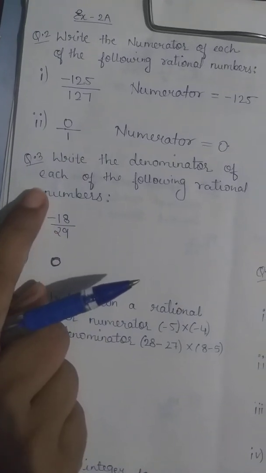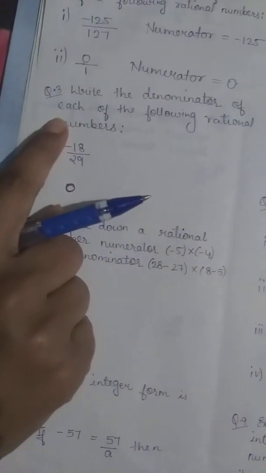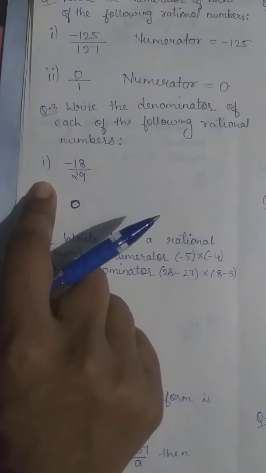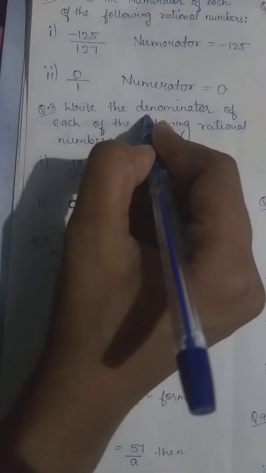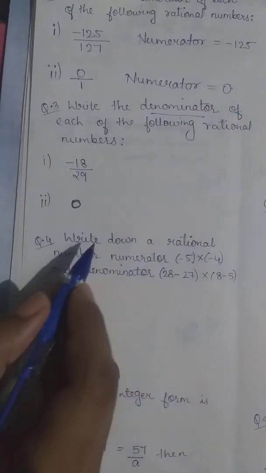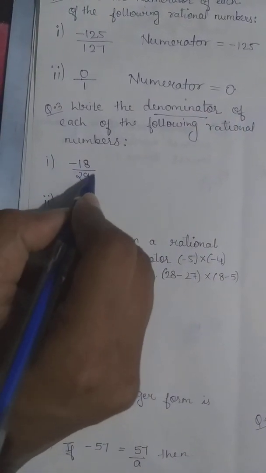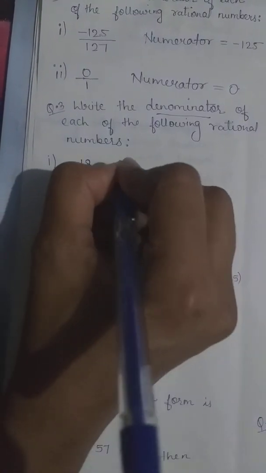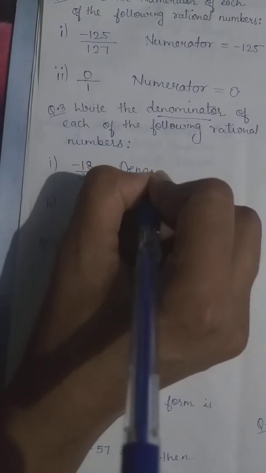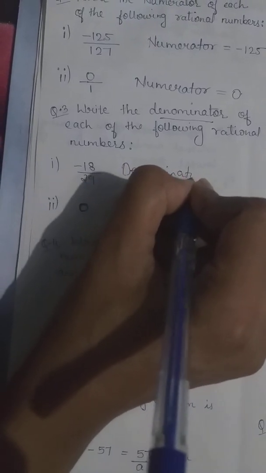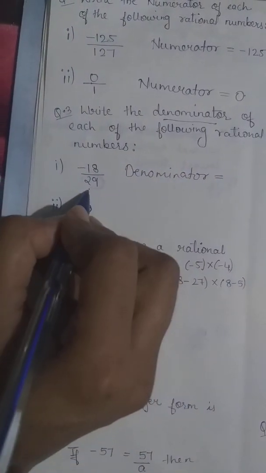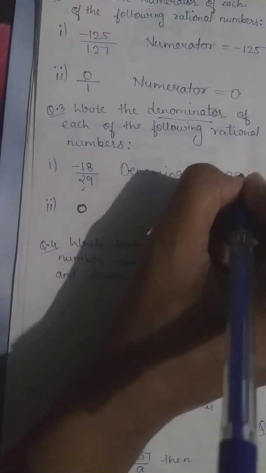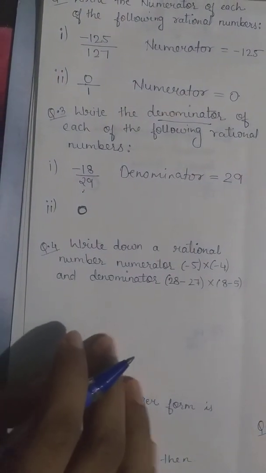Now moving towards the next question. Question number 3. Write the denominator of each of the following rational numbers. Denominator here we have to write. So we have to consider this q, the number which is written down. So I'll write the answer. Denominator is equal to, here the denominator is number 29. So 29 is the denominator.